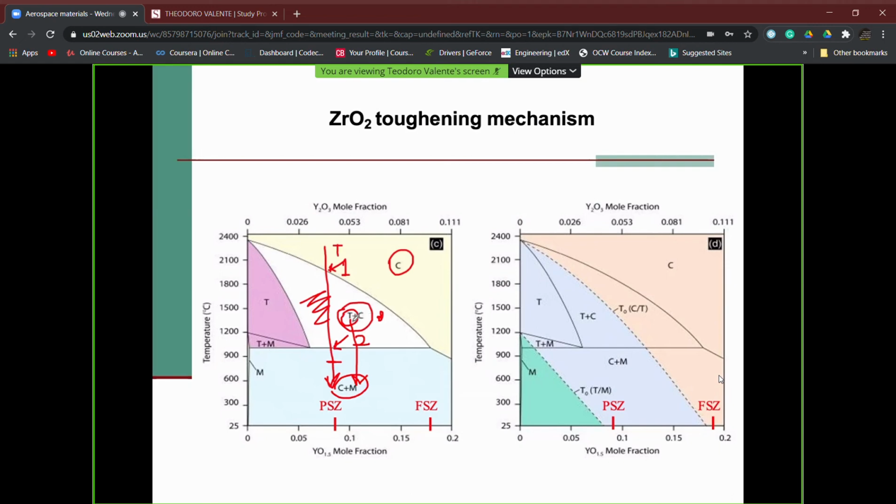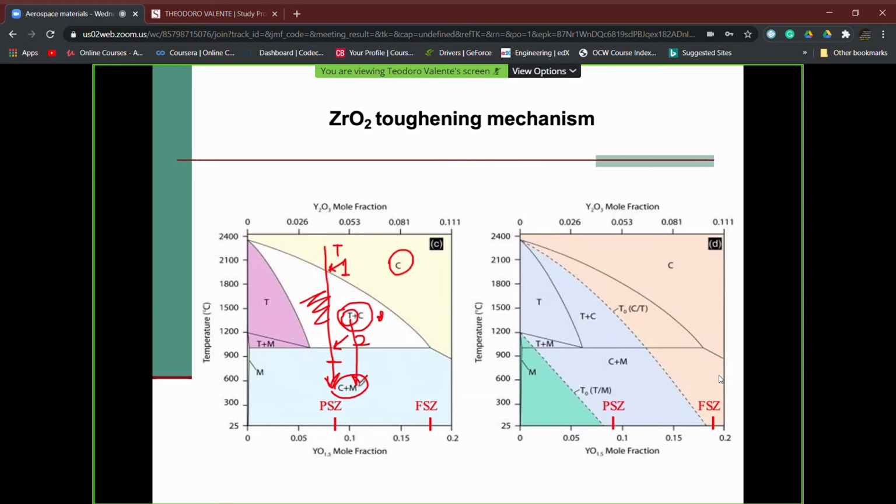But we avoid the transformation tetragonal to monoclinic, and we will have at room temperature a cubic phase in our zirconia and a metastable, that is not stable from a thermodynamical point of view, tetragonal phase. And this is the concept on which we rely for the partially stabilized zirconia properties.